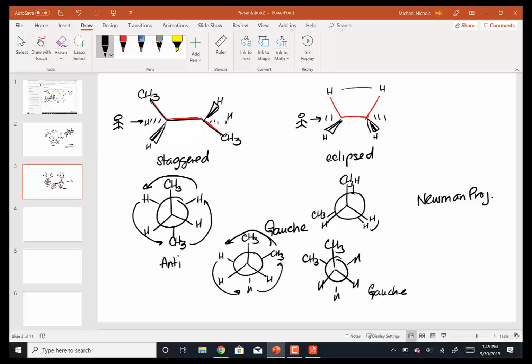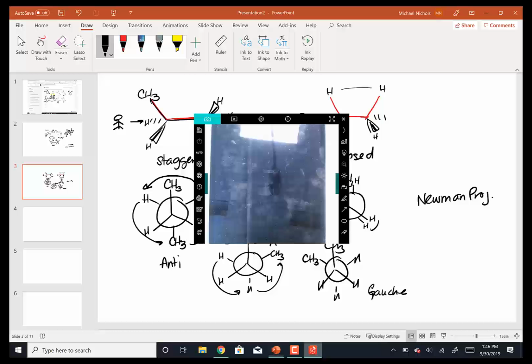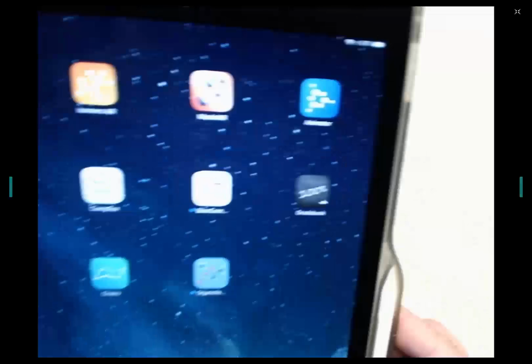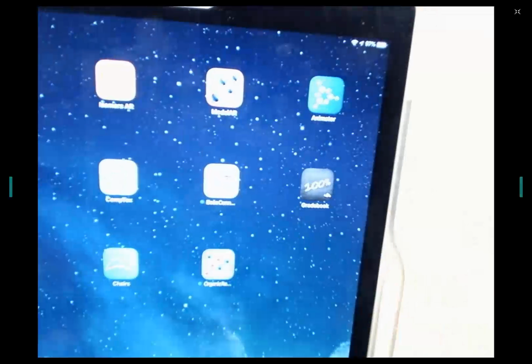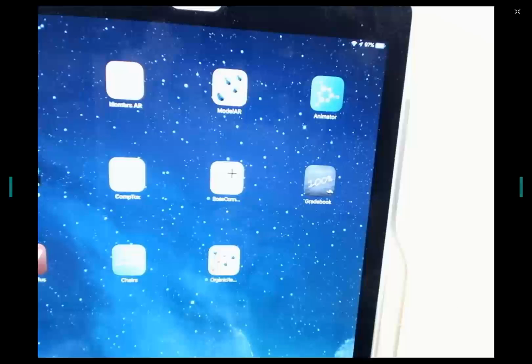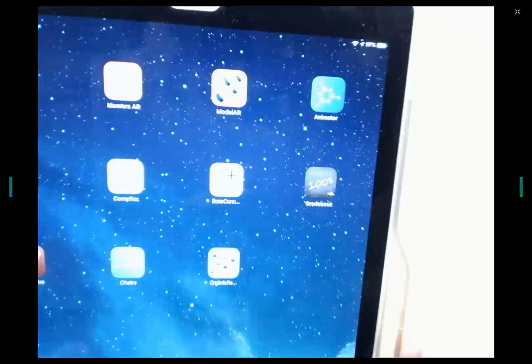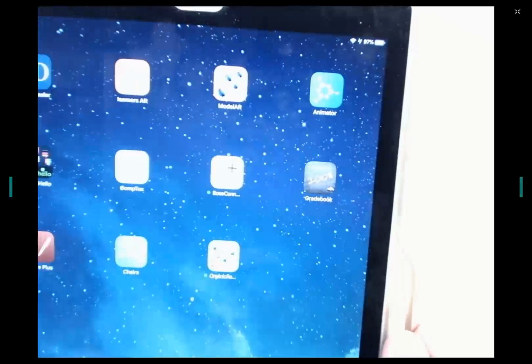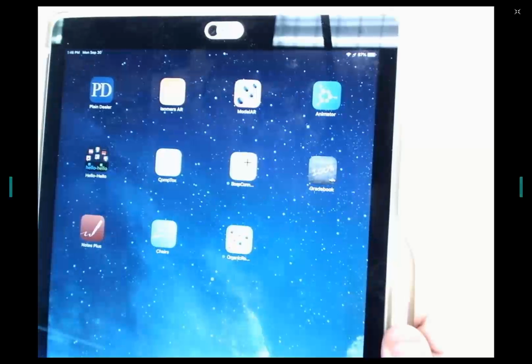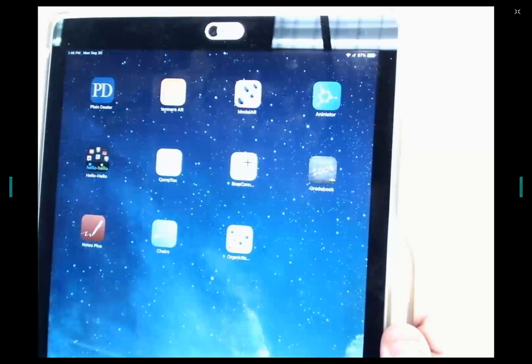Okay, so let me show you how we can do this one. This one will be a little bit easier. All right, so this is called Model AR. I'll write it down. You need to print out one of these things.